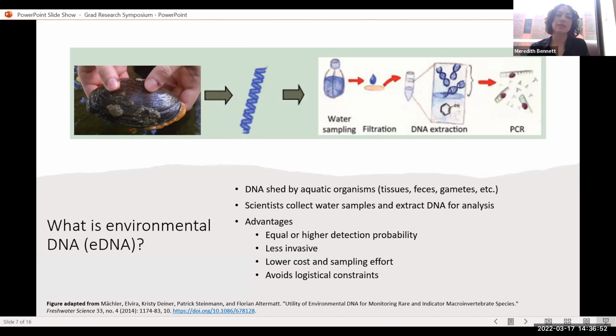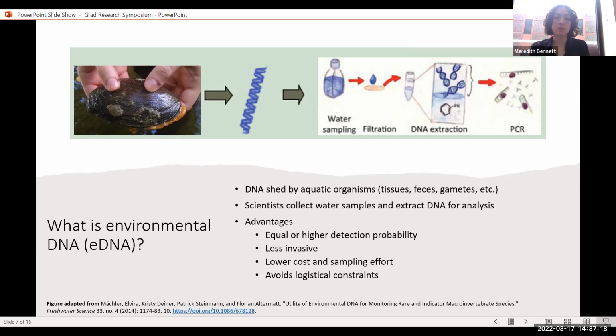eDNA is DNA that's shed by aquatic organisms in many different forms, including tissues, feces, and gametes. Scientists can then collect water samples that contain this DNA and extract it for analysis. This method has several advantages. It usually has equal or higher detection probability than morphological studies.